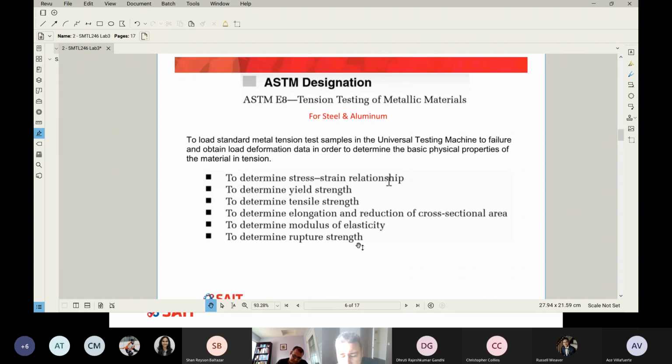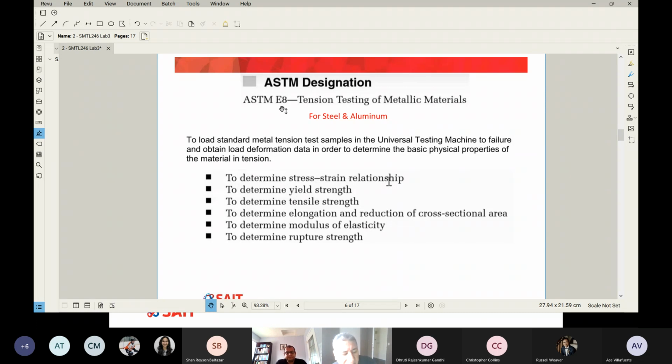In Canada here, my observation is sometimes we have our own standards, but sometimes if we haven't developed our standard yet, we use the American standards for many, many things. As an engineer, I can tell you that. So this is one of those things where we use the ASTM.